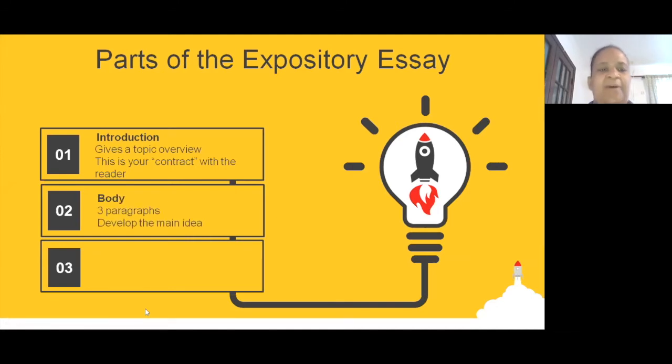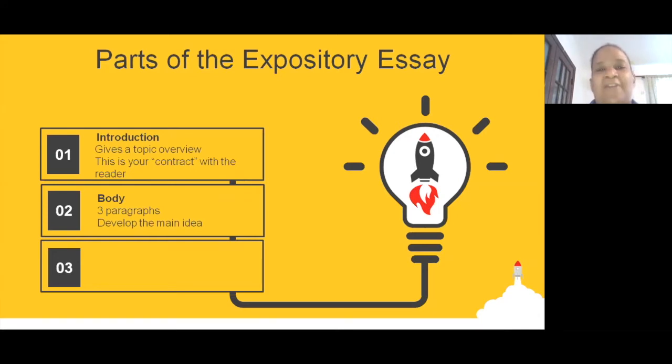So this is the second part, your 3 body paragraphs. I know some teachers teach it differently. And please do not discount anything that your teacher says. This is Mrs. Woodside's way of teaching it. I know that some teachers say that there could be more body paragraphs, that we should not limit you to 3. But this is the way that I prefer to give it to you students. It helps, I feel it's more organized.